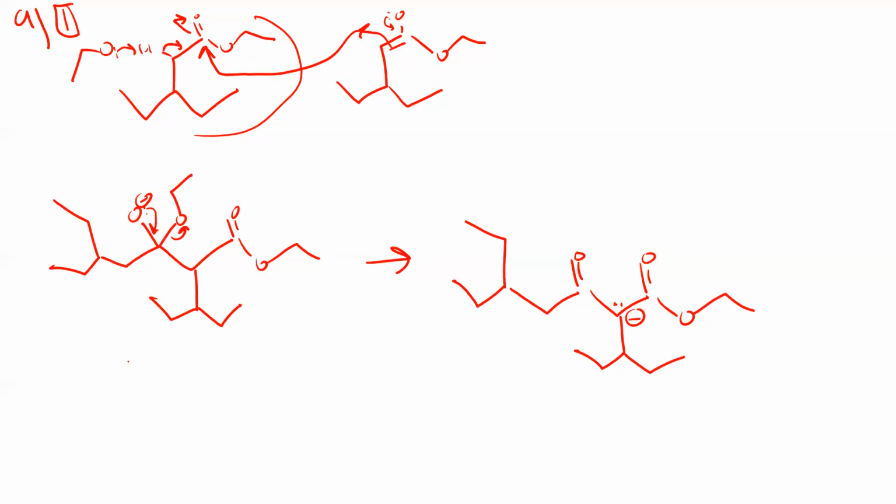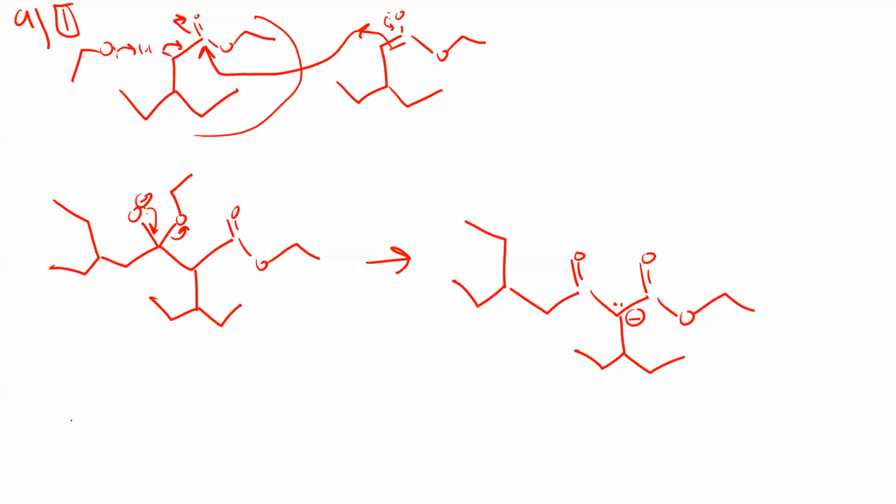And we can do B here. Likewise with B, we're going to do the same thing. With B, I'll show you the answer, but where you're going to do your first base attack, you have this right here. That base is going to take a proton here.